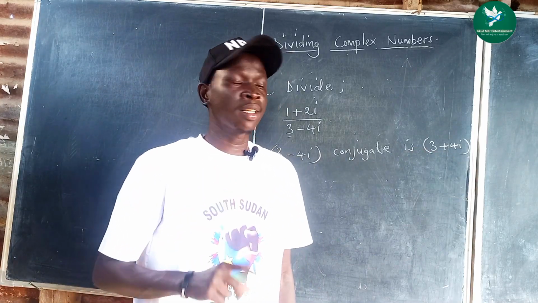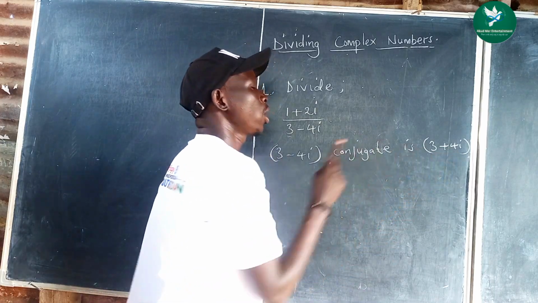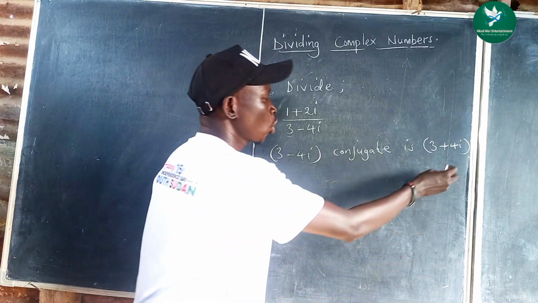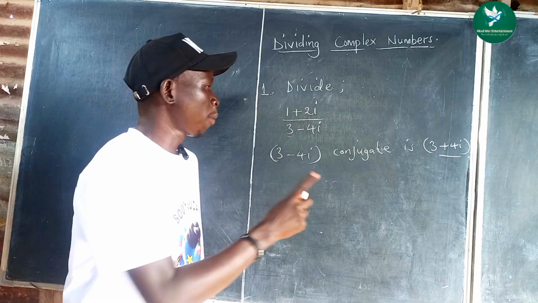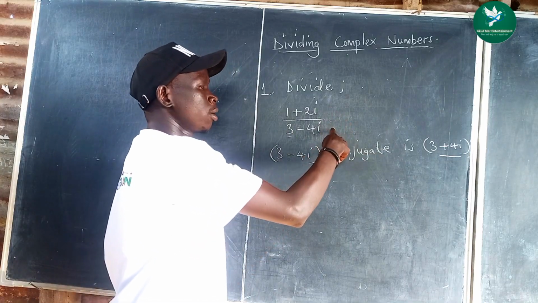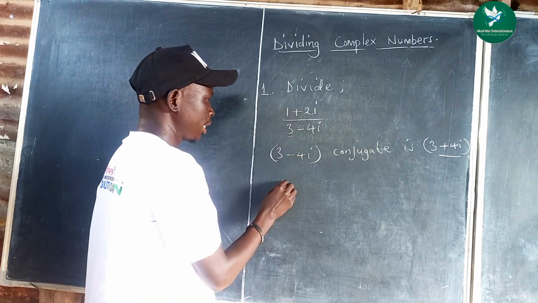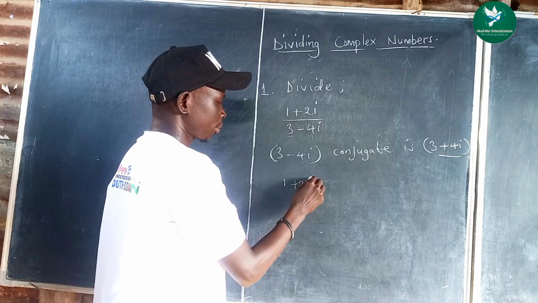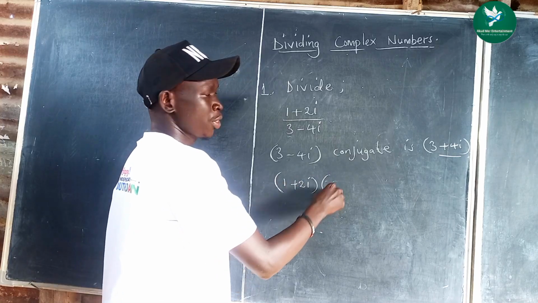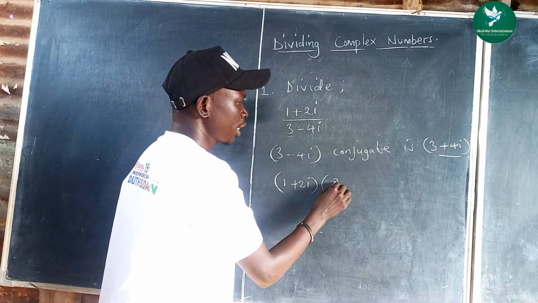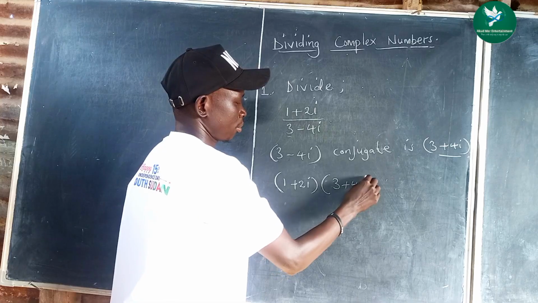After getting the conjugate, which is 3 plus 4i, we are now going to use this conjugate to multiply both the numerator and the denominator, of which our numerator is 1 plus 2i. We are going to multiply it with the conjugate of the denominator, which is 3 plus 4i.